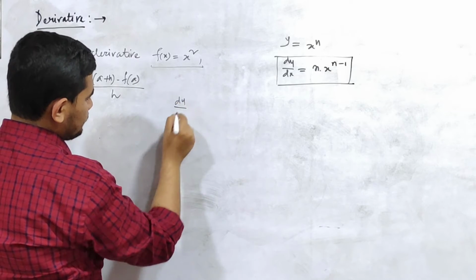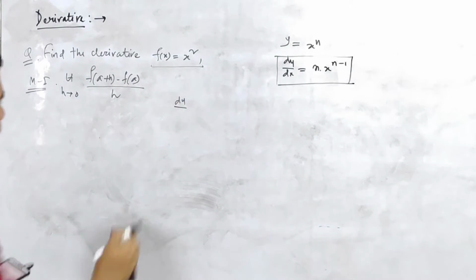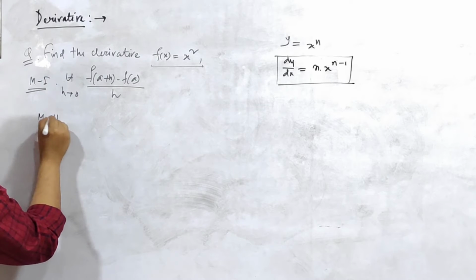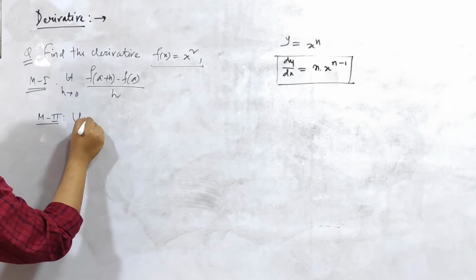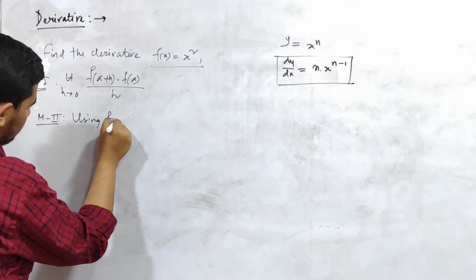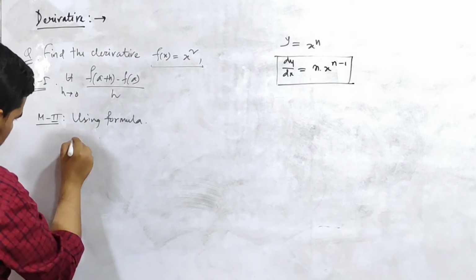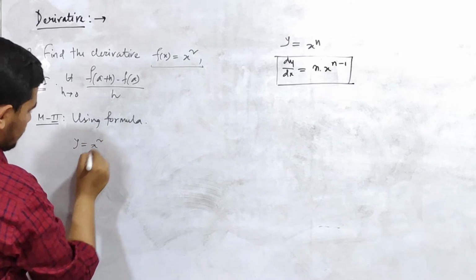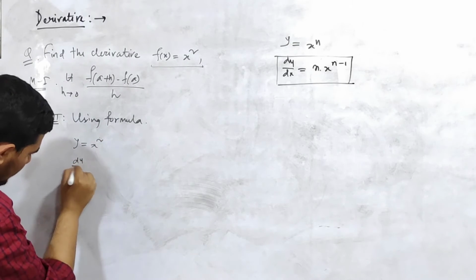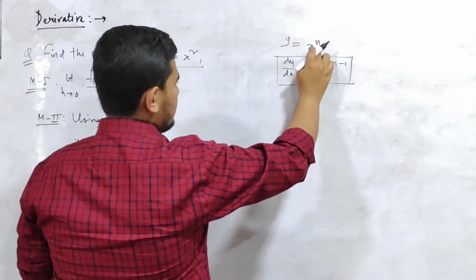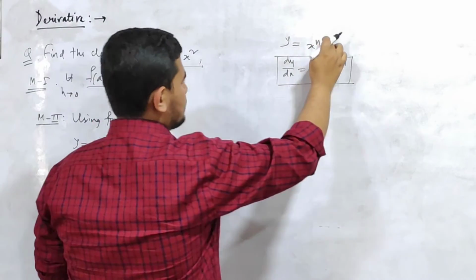Therefore I can write it as method 2, using formula. So this is y equal to x square. So dy by dx equal to, see here x is a variable and n is the exponent.